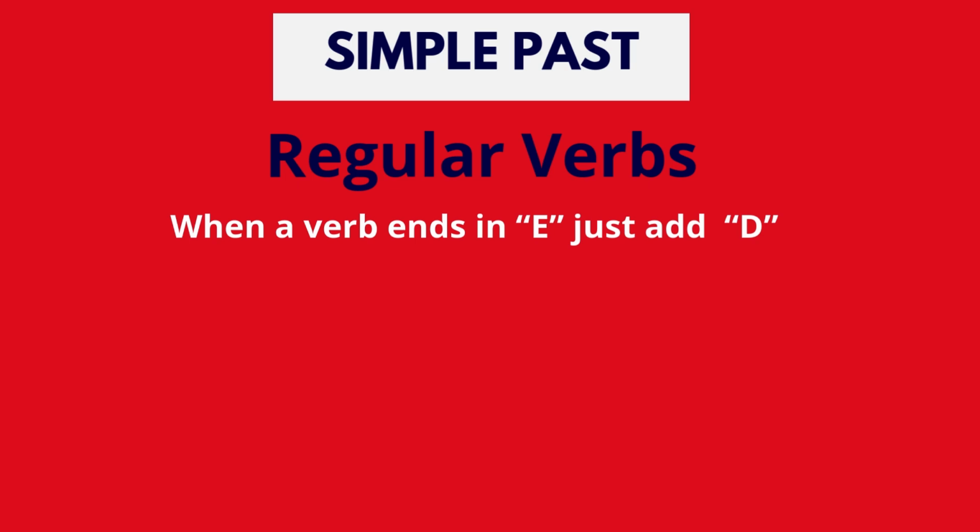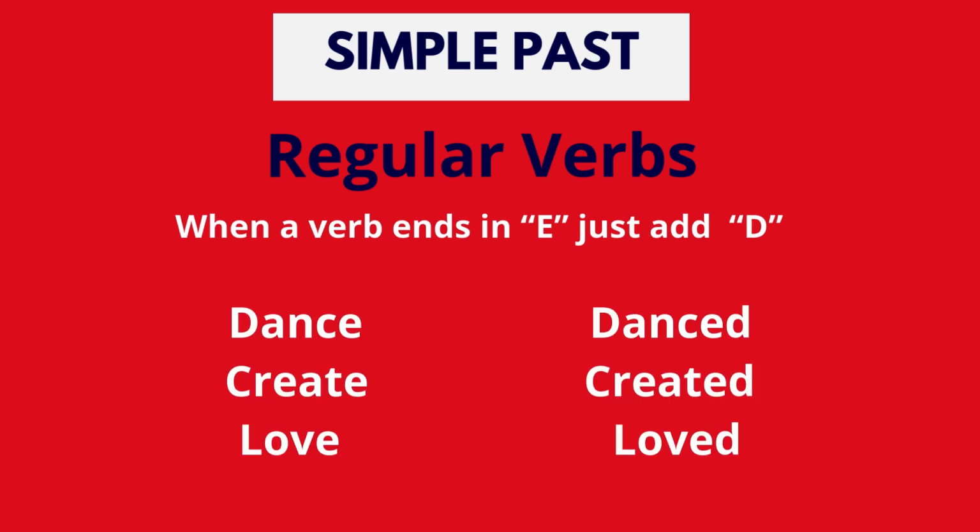Here, when a verb ends in e, just add d. For example, we have the verbs dance, create, and love. They already end in e, so it's not necessary to add ed, you can add only d. And the simple past of these verbs are danced, created, and loved.